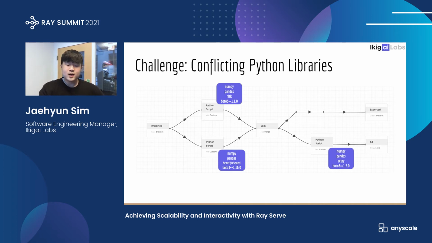This became a bit of a problem, not because of the actual pipeline itself, because we can always create a different Python environment for each step, but because of peeking. We wanted to maintain the sub-second running time of peeking, but if we were to launch a different Python environment every single time we run the pipeline for every custom Python step, it becomes a problem because we cannot meet the sub-second running time anymore.